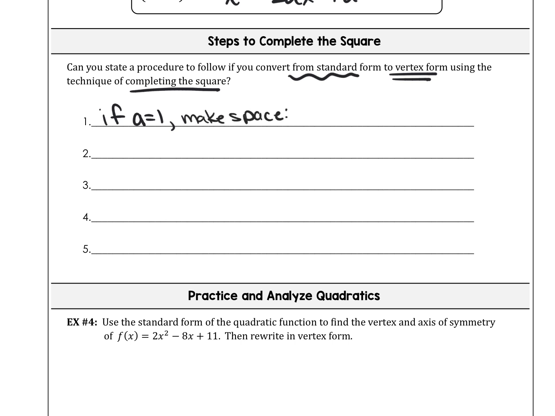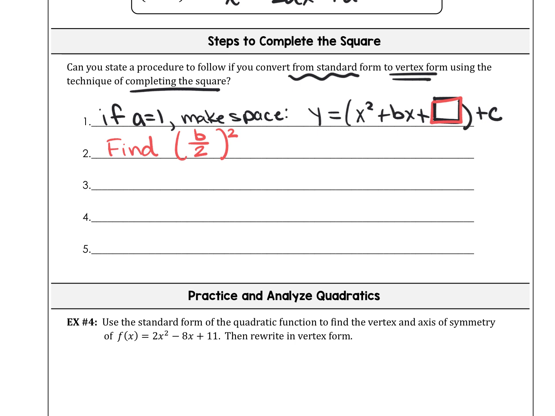You're going to rewrite this so that it's like y equals x squared plus bx plus, and you're going to make a space here. Put your c value out here. In order to find what's going to go in that space, we're going to complete the square. You're going to take your b value divided by 2, so half of b, and take that whole value squared.